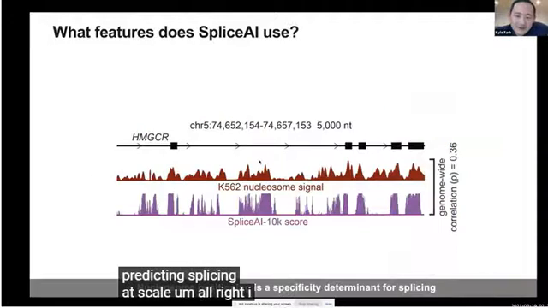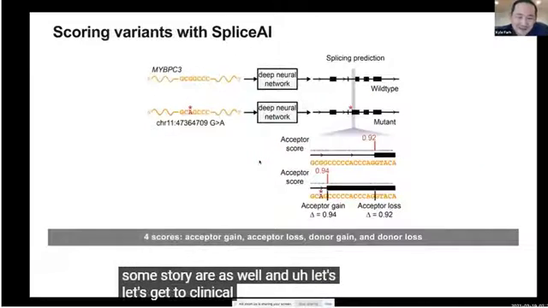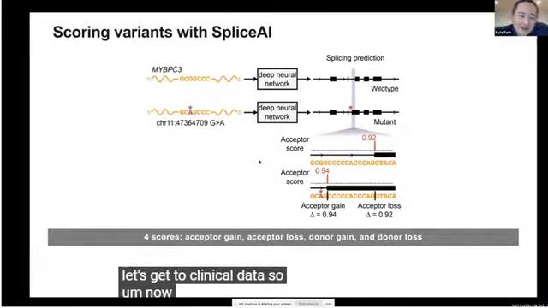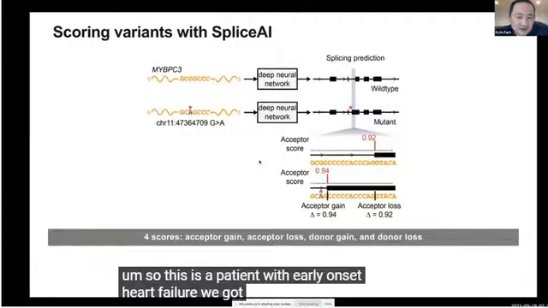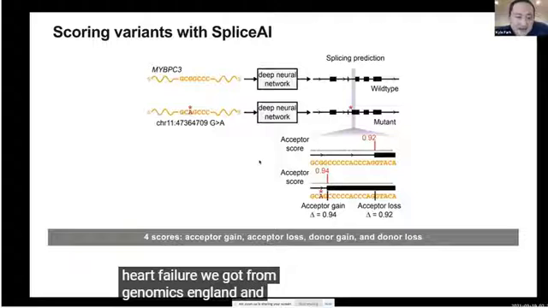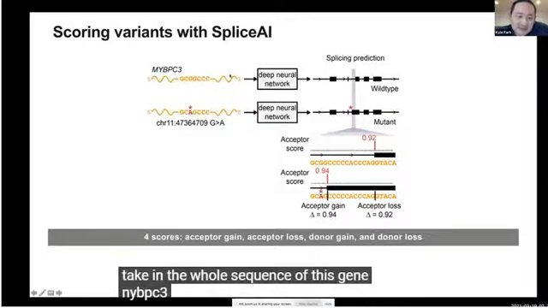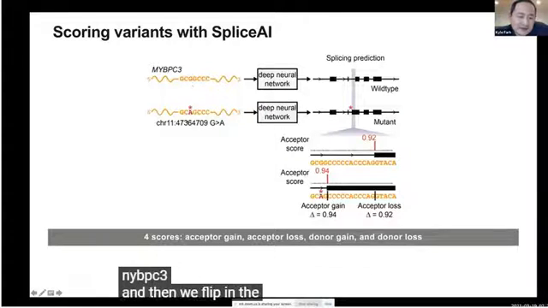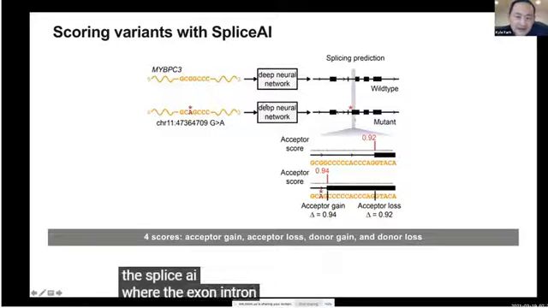All right, I talked about nucleosome story as well, and let's get to clinical data. So now we applied this to rare disease patients. So this is a patient with early onset heart failure we got from Genomics England, and what we do is we take in the whole sequence of this gene, MYBPC3, and then we flip in the single nucleotide mutation, and then we predict with SpliceAI where the exon-intron junctions are.